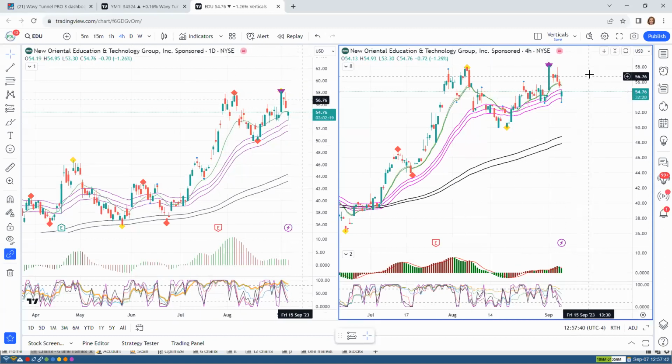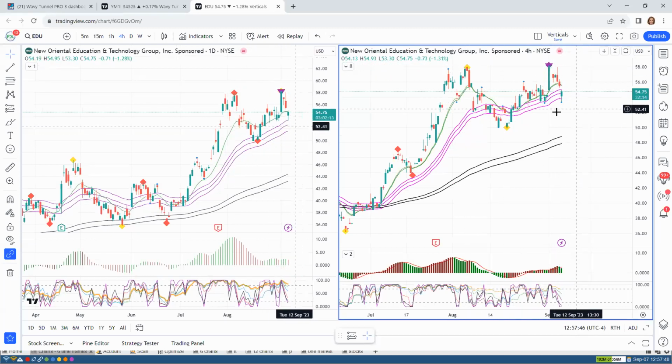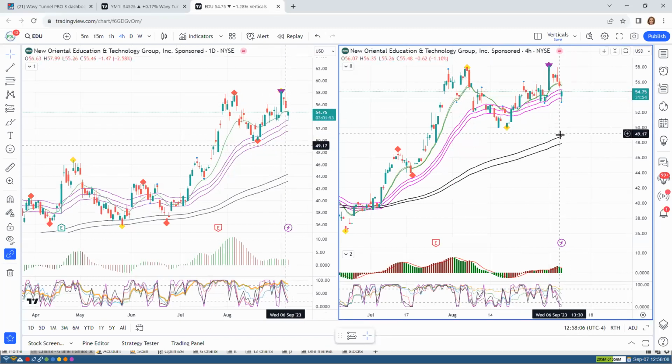We have a nice divergence here. I would like to see us coming down somewhere in here, and then that would be a really nice buy. That would be a move down into the wave here and a move down into the tunnel here. Yeah, but it looks good. I would be looking for more of a pullback.